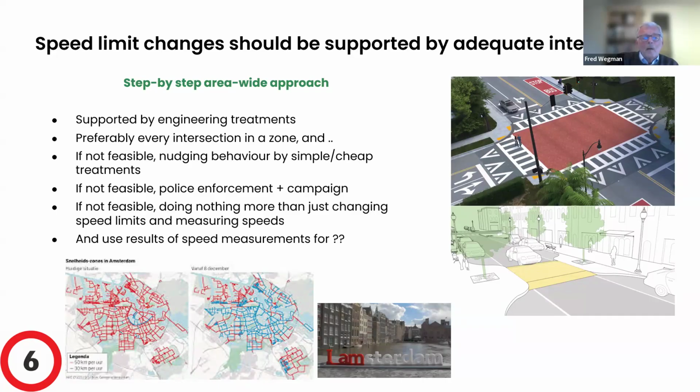And I gave you the example of Amsterdam because they decided for the majority of roads and streets in that city, 80% of the road length, to make it 30 kilometers per hour, also for collector and distributor roads. And they understand they cannot make these engineering treatments. And that's the reason why they do speed measurements, and based on that, they decide whether or not to take additional actions. Next one.